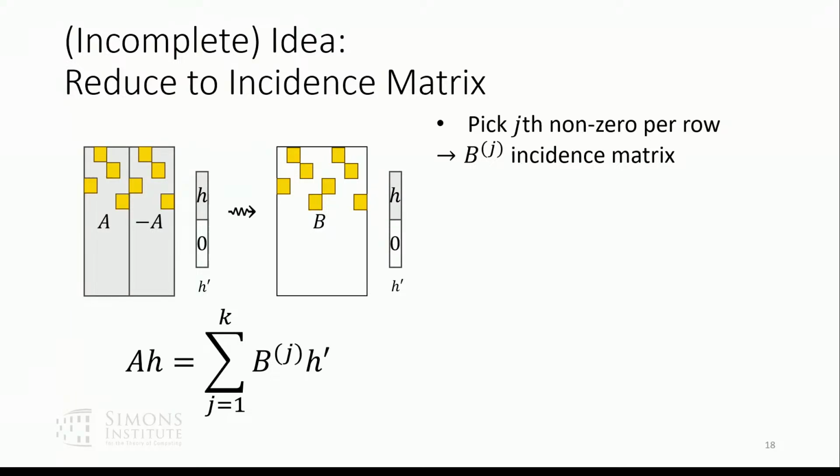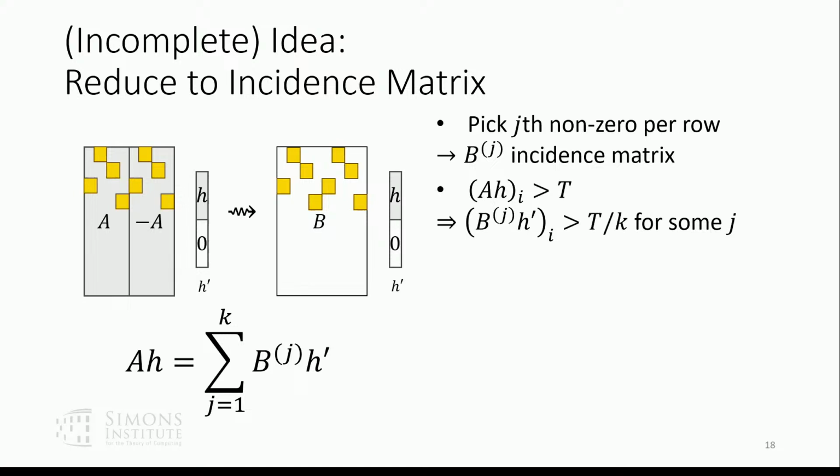Yeah. So now I have incidence matrices, and I can say, all right, instead of asking, is an entry larger than T in my original product, I could just ask, is any one entry of these terms in my sum larger than T over K? If I find all these indices, then I, in particular, found all of the indices where A times H is larger.